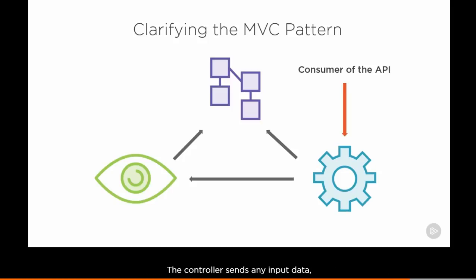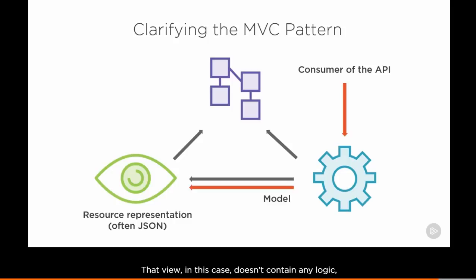The controller sends any input data, query string parameters for example, to the part of the application responsible for business or data access logic. And it returns a model to the view. That view, in this case, doesn't contain any logic like a Razor or HTML-based view might have, but it's a representation, in JSON for example, of the returned data. And with that, it's time to fire up Visual Studio.